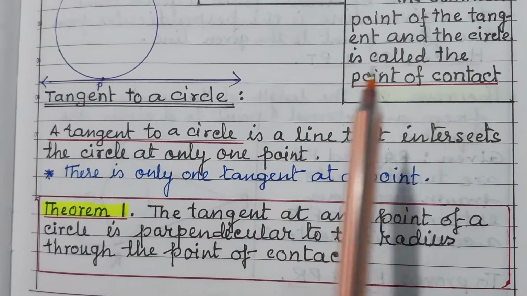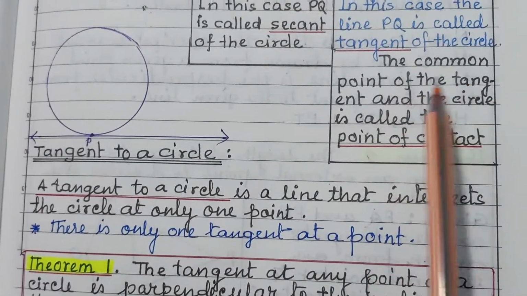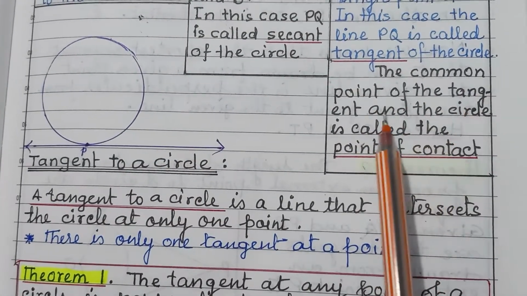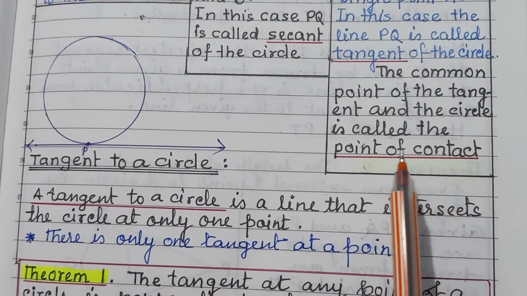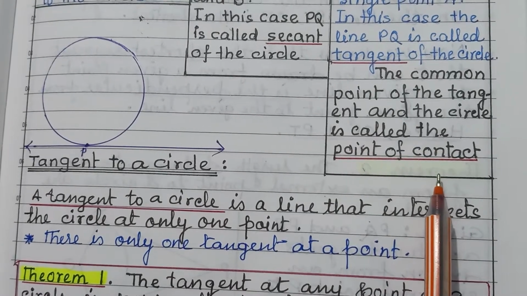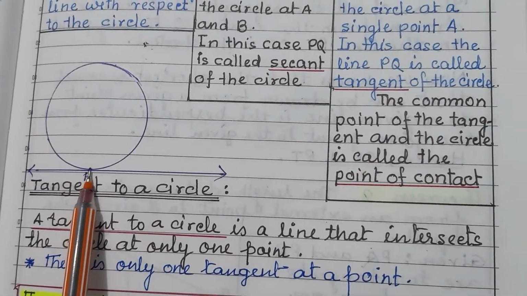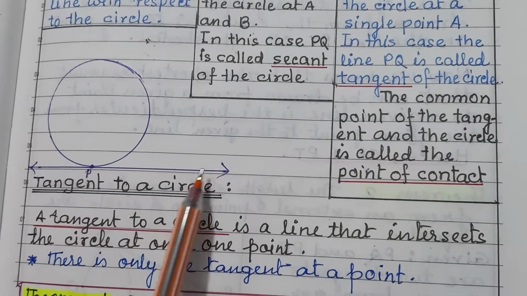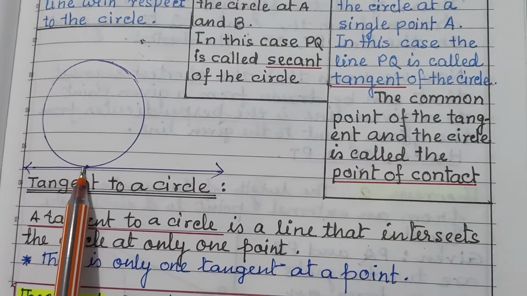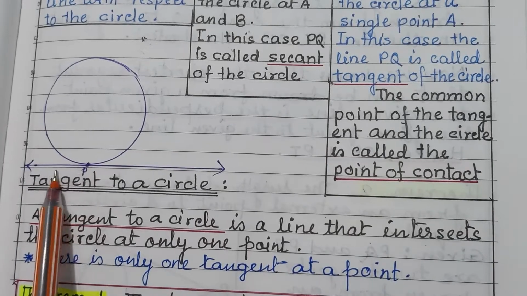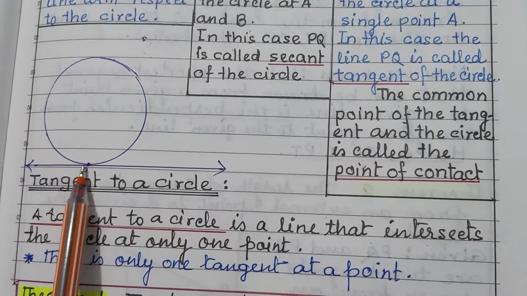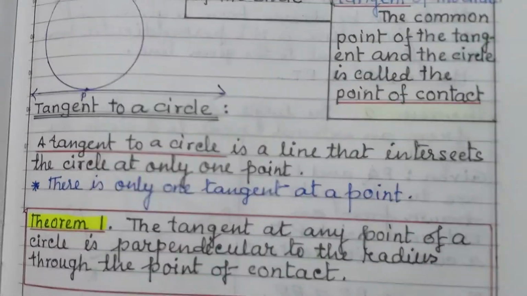The common point of the tangent and the circle is called the point of contact. You see here, this point is called the point of contact. So the tangent intersects the circle at a single point, and this point is called the point of contact.